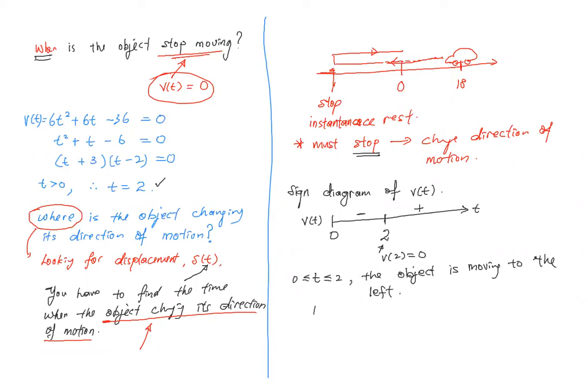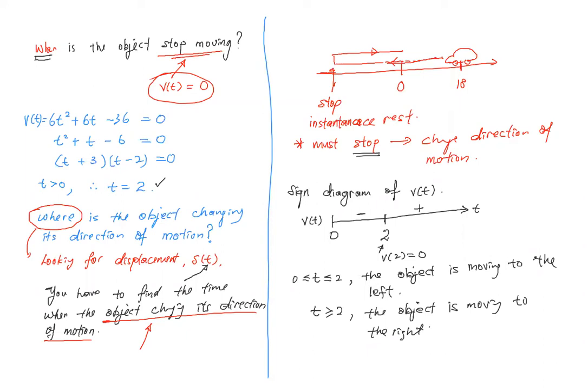Then after that, t greater than 2, the object never turns anymore. Object is moving to the right. So that is how I interpret.